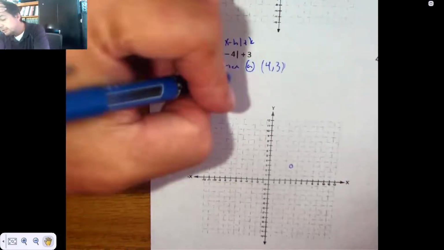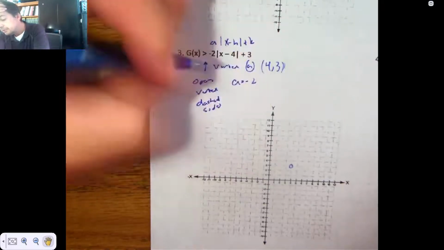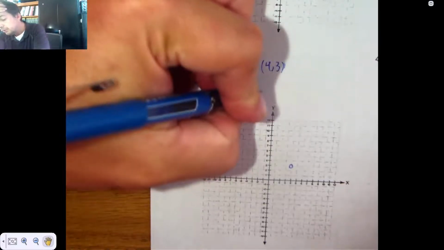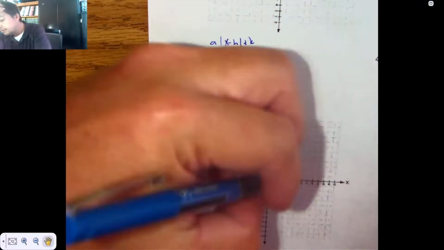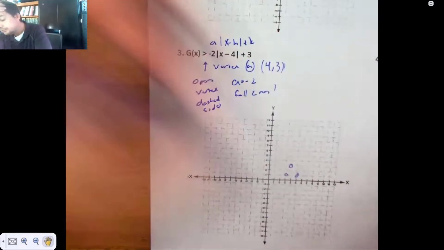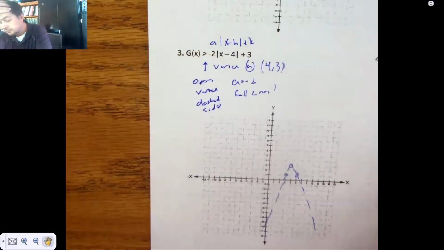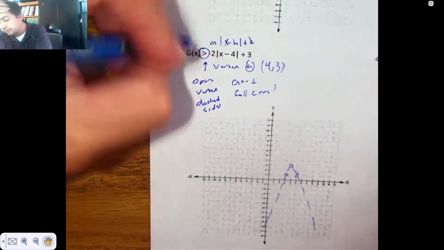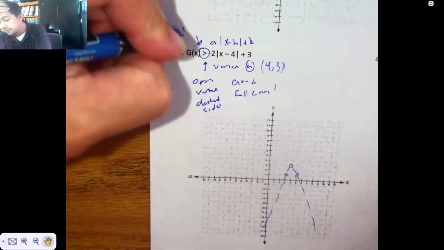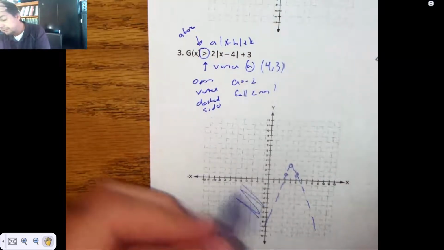And my initial value, my A, is negative 2, so fall 2, run 1. Fall 2, run 1. All right, now I have a greater than symbol. That means above. So I've got to be above this V.